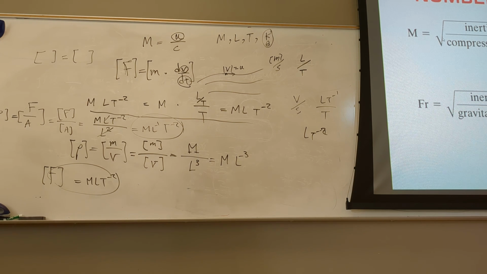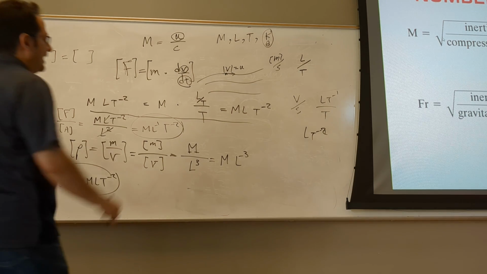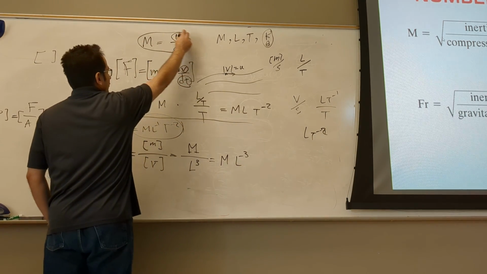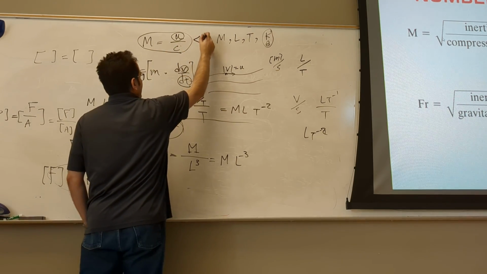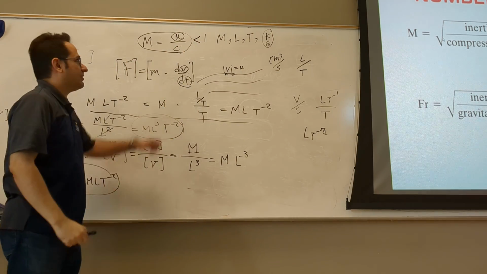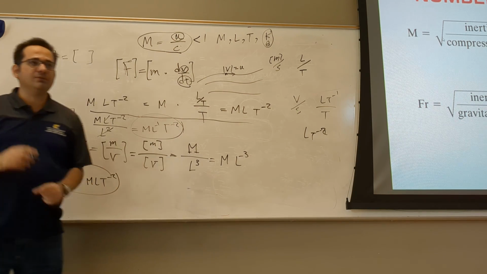Usually the speed of sound is 341 meters per second. But depending on temperature and the property of the fluid, the speed of sound may change. Most of the time in this course, the Mach number is much smaller than 1. Why? Because the speed of fluid is much smaller than the speed of sound.